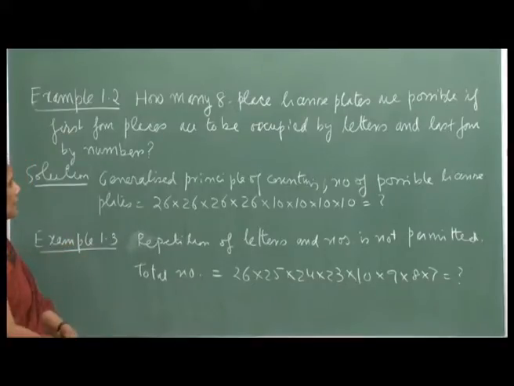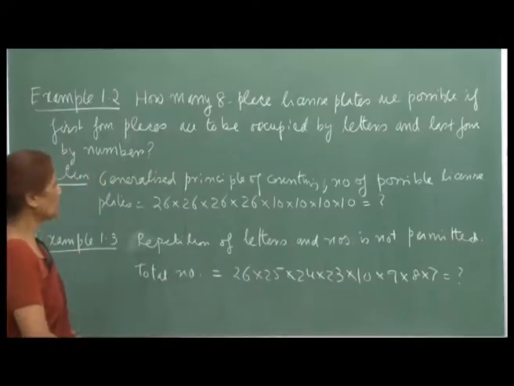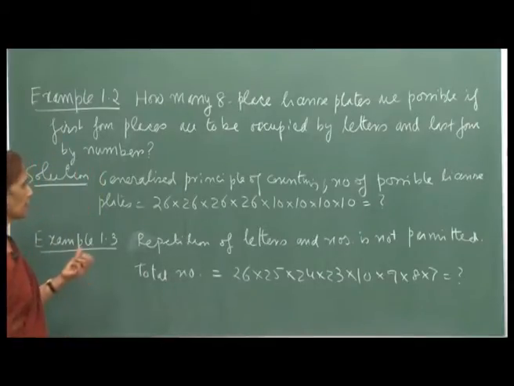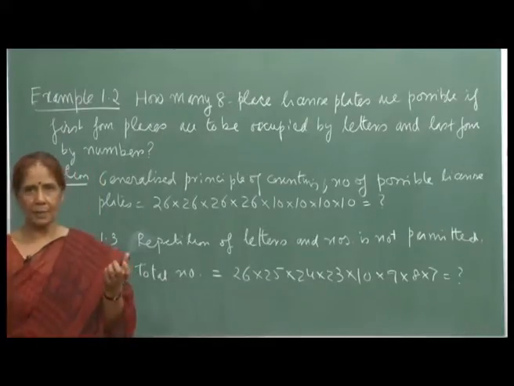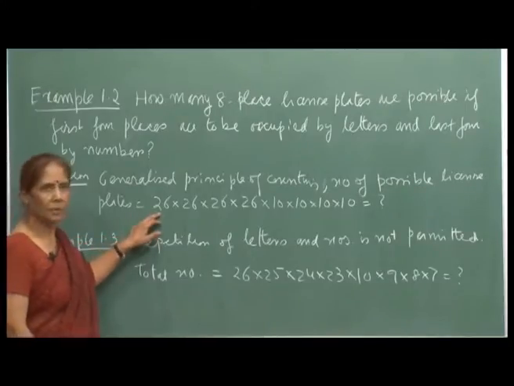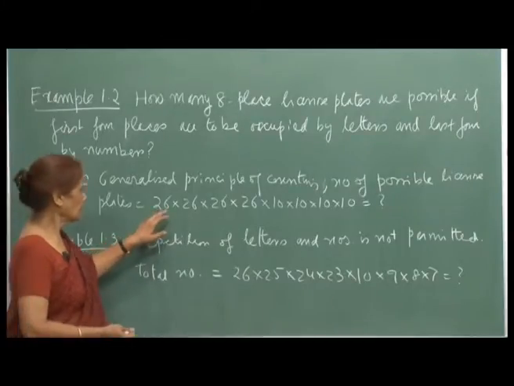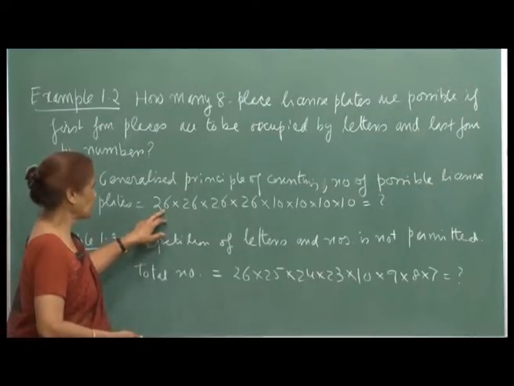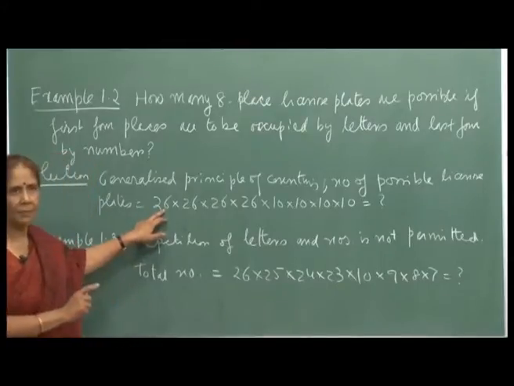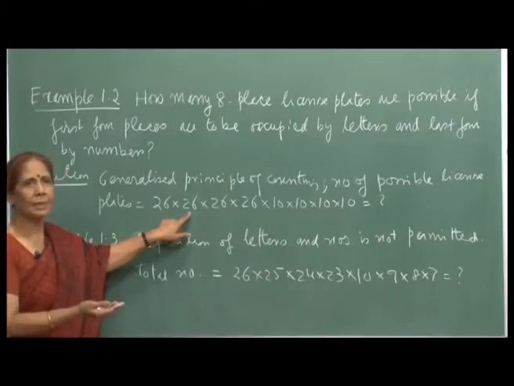So, now again as I quoted the generalized principle of counting. The first experiment would be choosing the first place of the license plate. So, then I have 26 choices because 26 alphabets are there. Then for each of the 26 alphabets I choose here, I can again choose any of the 26 alphabets.